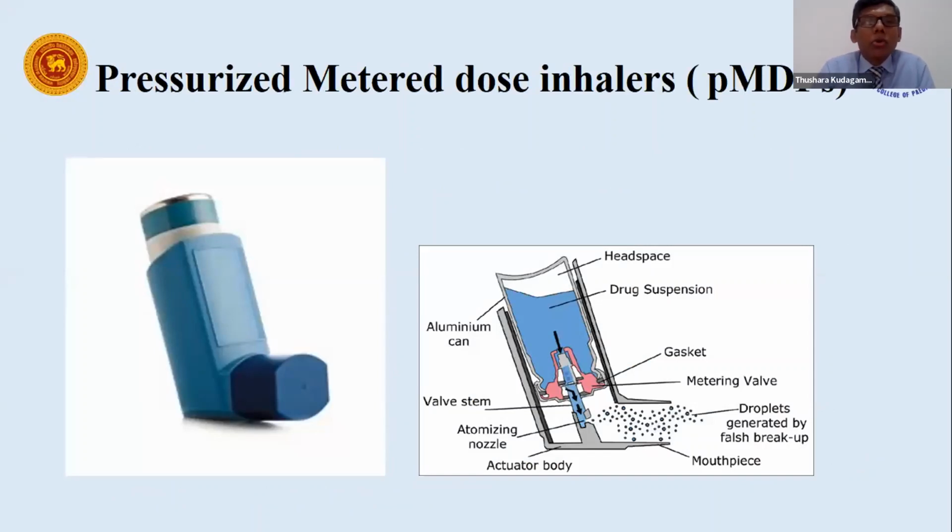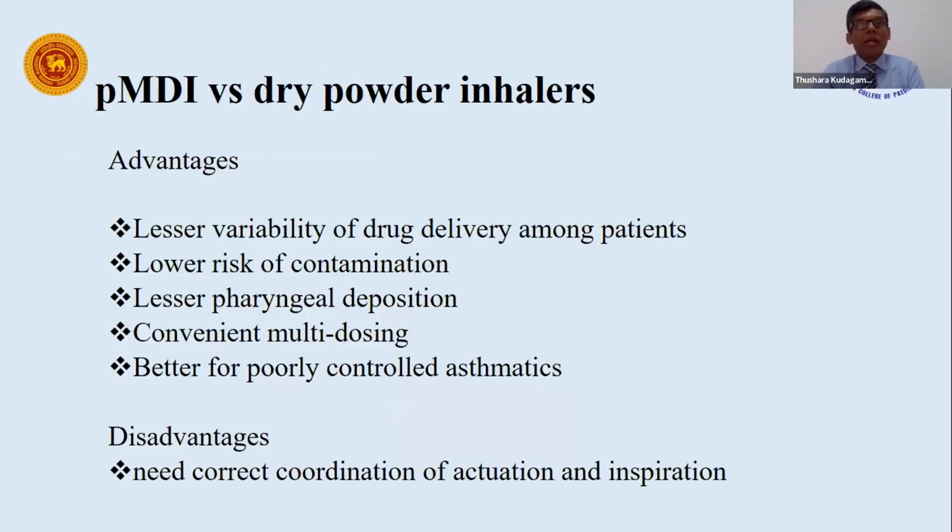Next, we'll move on to the more popular form of inhaler among most clinicians, that is the pressurized metered dose inhaler. It is preferred for many reasons, because it has some advantages over dry powder inhalers, such as convenient multi-dosing. You can use it without loading it again and again.